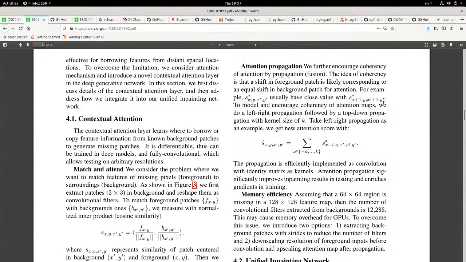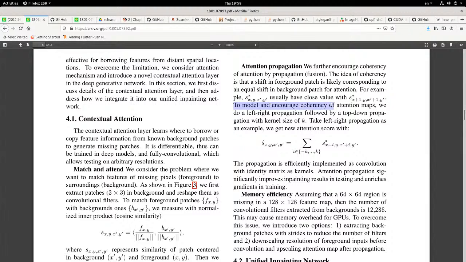I'm sorry, but this is really hard to understand. So there's these two things. Oh, okay, I see. So they're assuming that it's like a smooth transition.